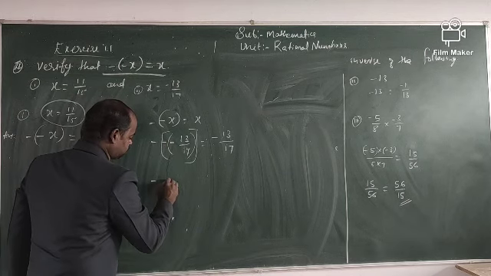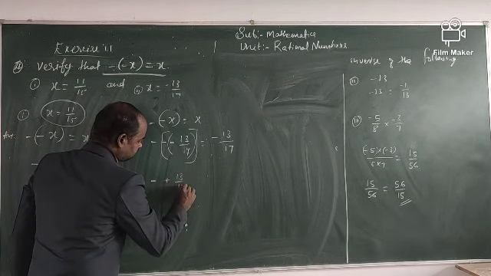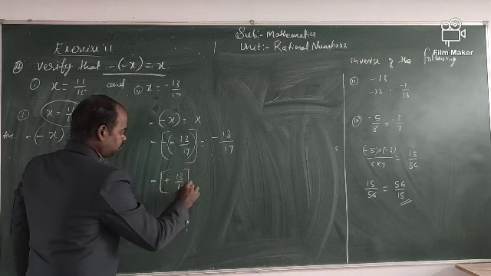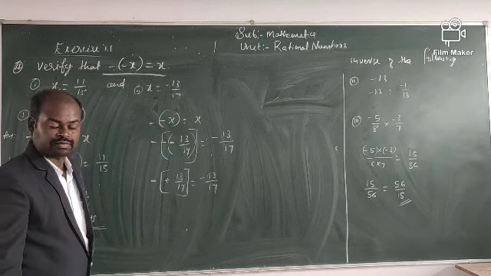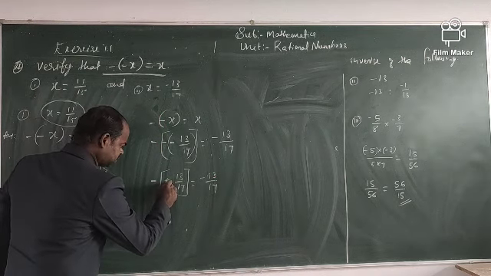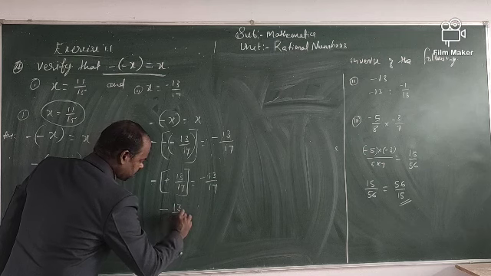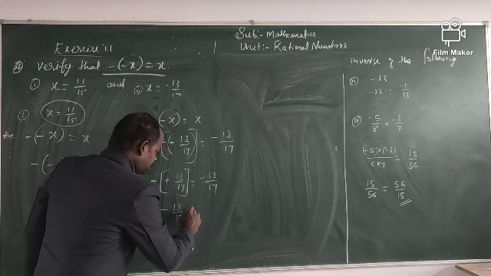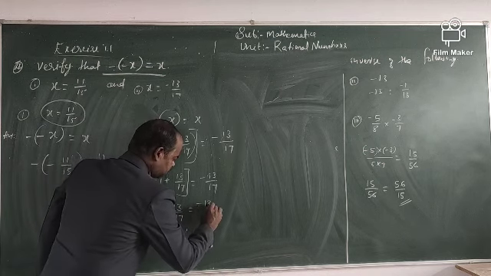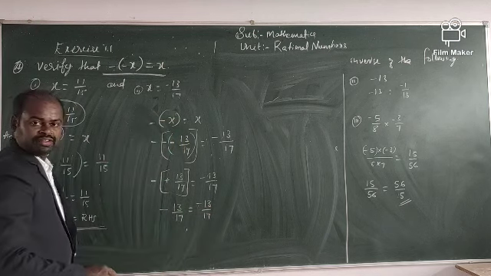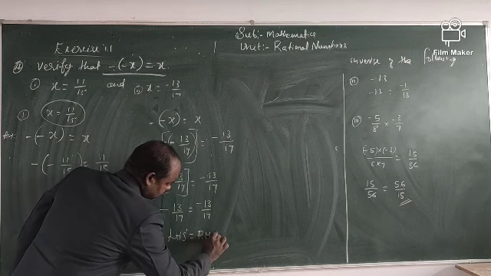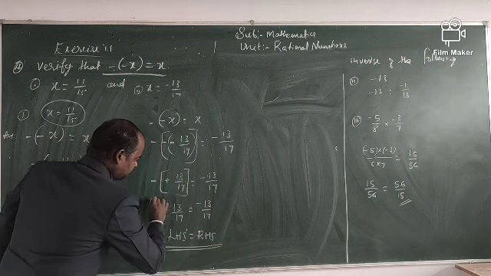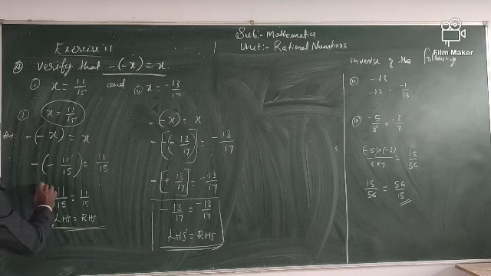Minus into minus is plus 13 by 70, which is equal to minus 13 by 70. Here minus into plus is minus 13 by 70. Here see, children, we got LHS equal to RHS. Both are the same in these two terms. Hence, our assumption is correct.